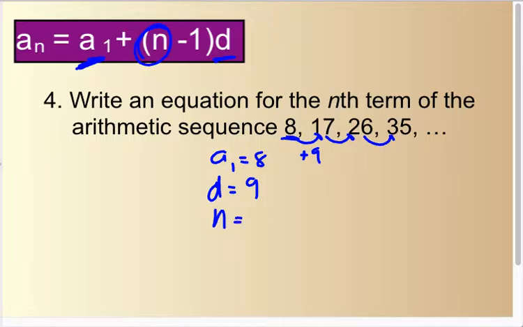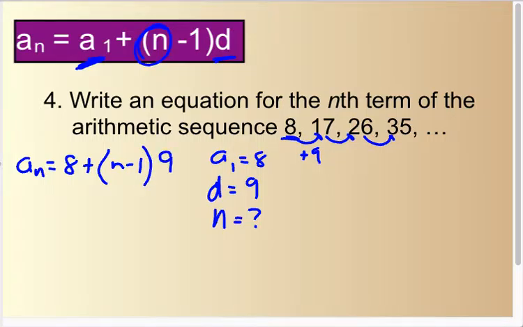We don't know what n is, that's the question mark. So what it would look like if you want to find any nth term for this sequence here, it'd be a sub n equals 8 plus n, we don't know, n minus 1, and our common difference is 9.